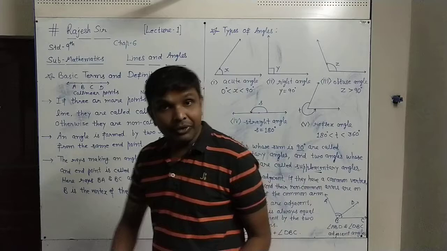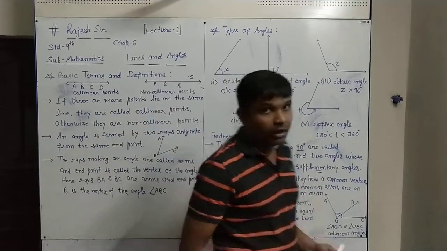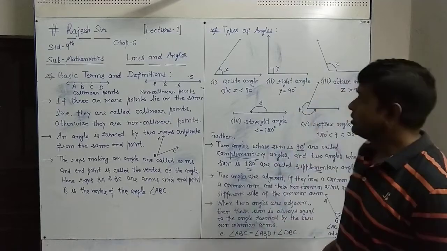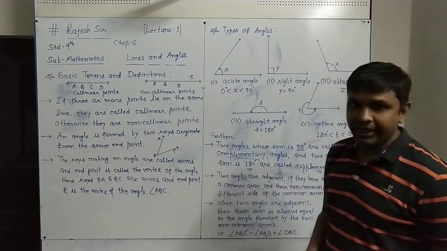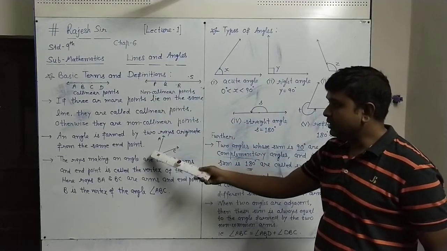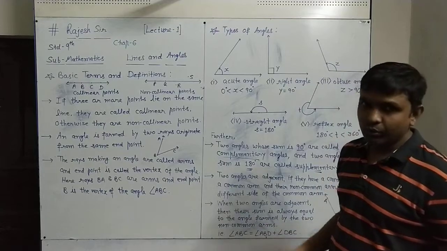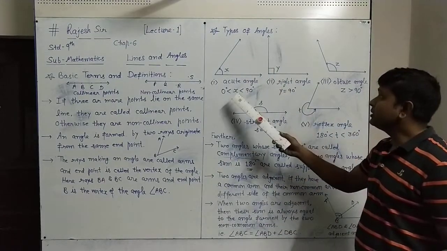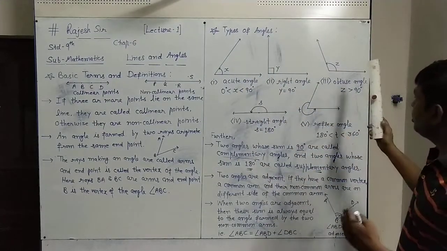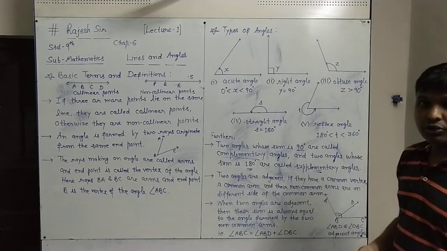So, in the first lecture of this chapter on lines and angles, we have recalled the previous knowledge, basic terms and definitions under that heading: collinear points, non-collinear points, angles, arms, endpoints called the vertex, and types of angles, that is acute angle, right angle, obtuse angle, straight angle and reflex angle with their conditions of measurement.